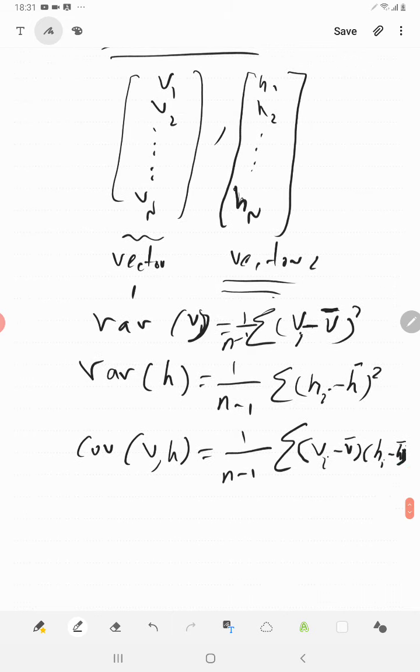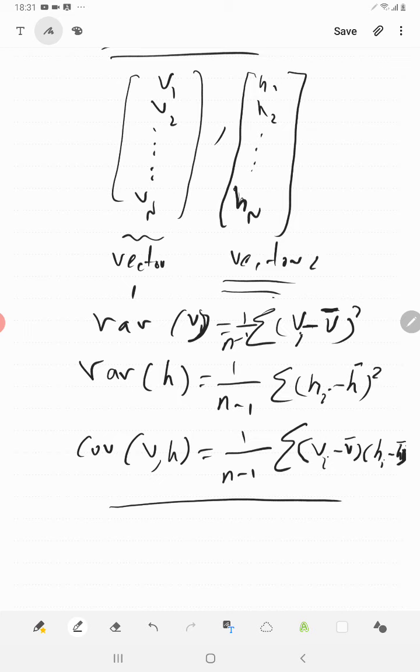Let me demonstrate that through MATLAB so you know what we are doing. Go to the MATLAB screen.